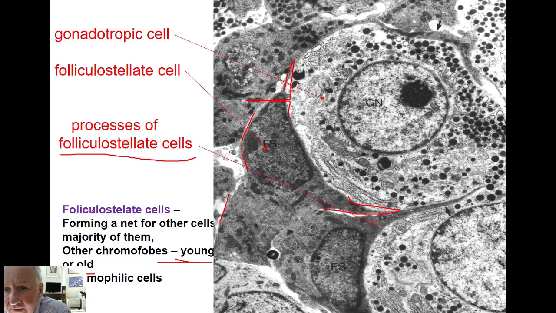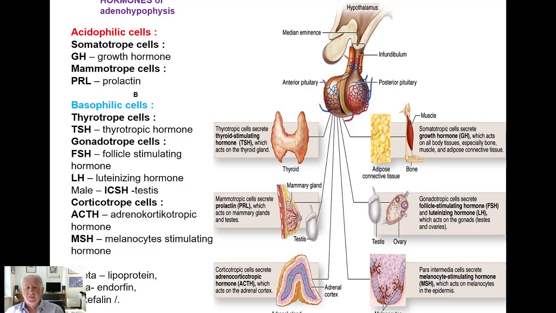Here is a gonadotropic cell. You see nicely the nucleus and the nucleolus, yes, and you see the granules containing a hormone, yes, very nicely. And now a little bit to the function of those cells. So you see the one group of acidophilic cells and a little bit bigger group of basophilic cells.